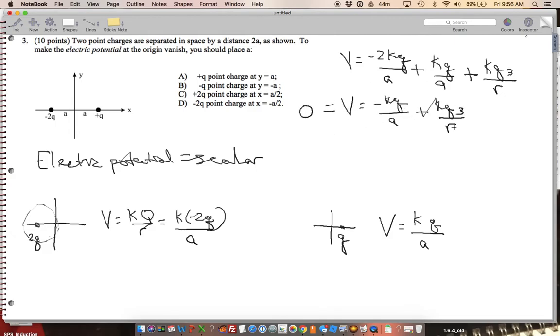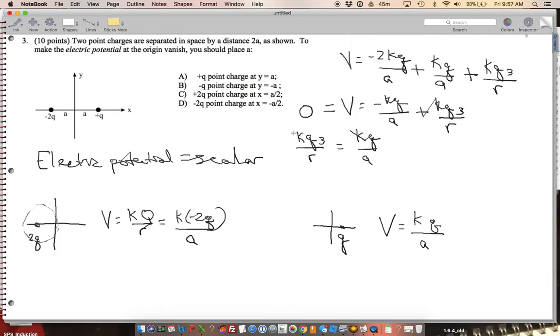then I can solve for q3, right? So let's bring this over to the other side. I'm going to have kq3 is equal to kq over a.